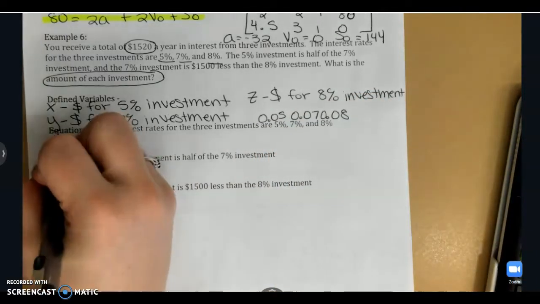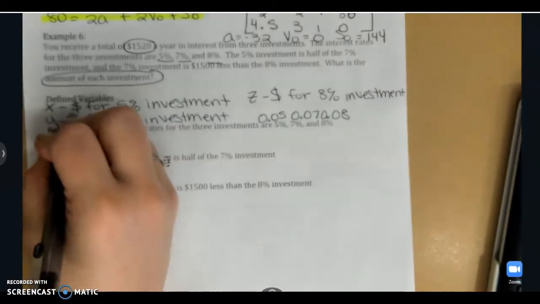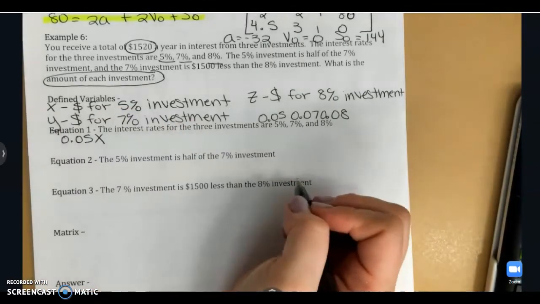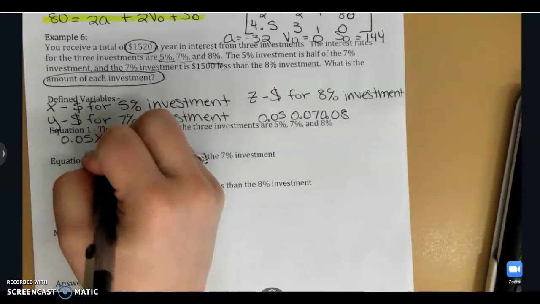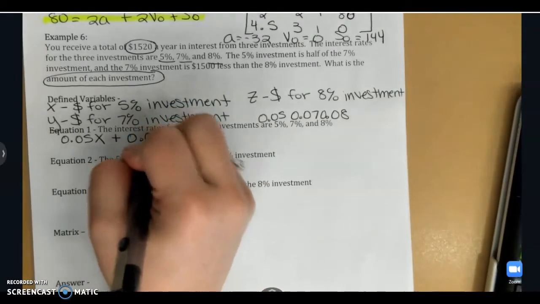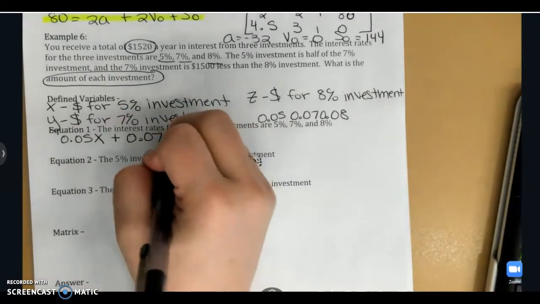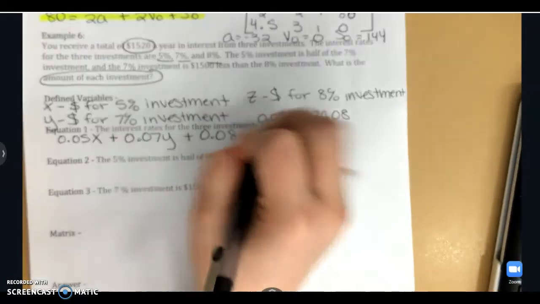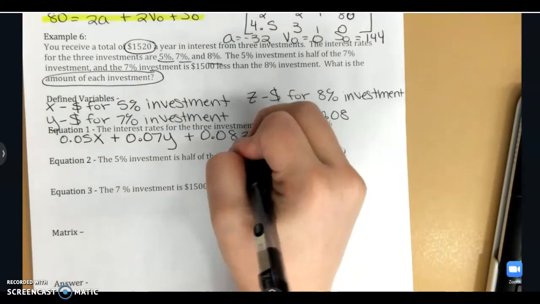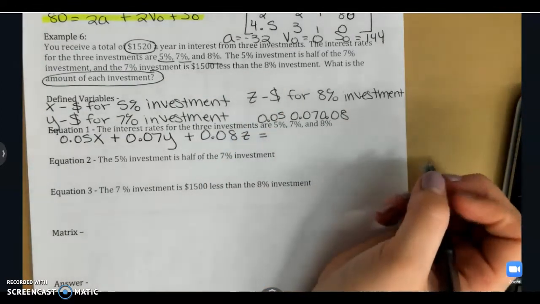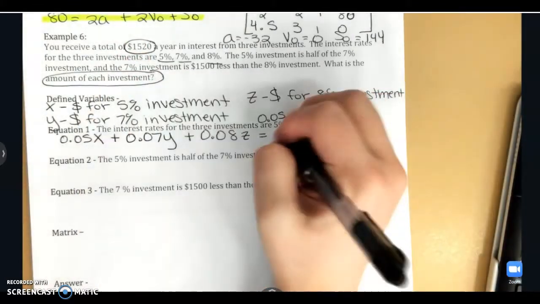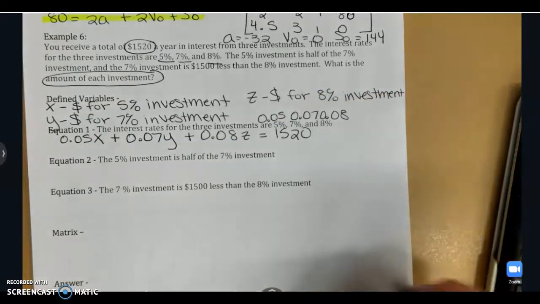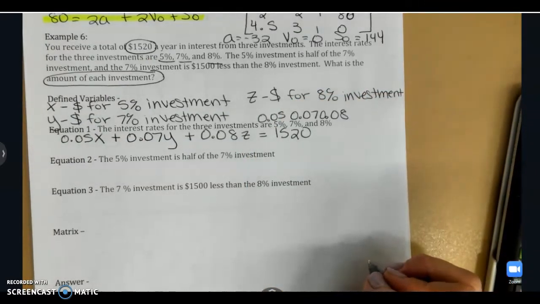So 0.05 times how much I invested into my 5% investment plus 0.07 times the amount I invested in my 7% investment plus 0.08 times the amount I invested in my 8% investment gives me a total return of $1,520 a year. So there's my first equation.